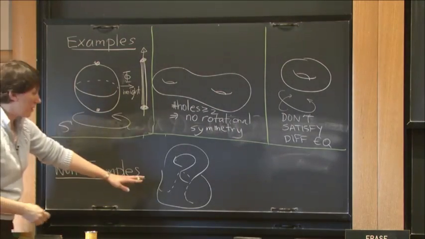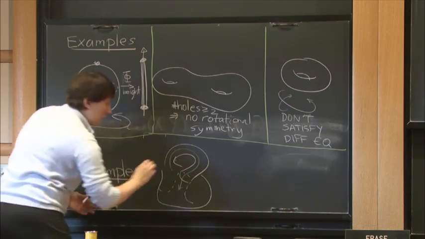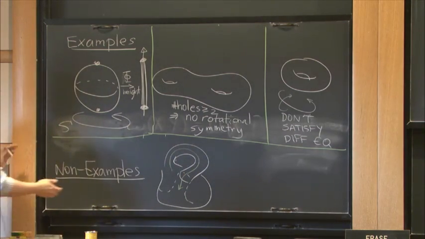Now, of course, this wasn't symplectic, but we do have a circle symmetry going around, and that will come up later.